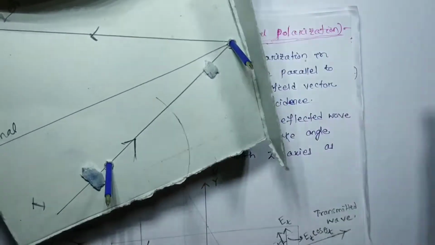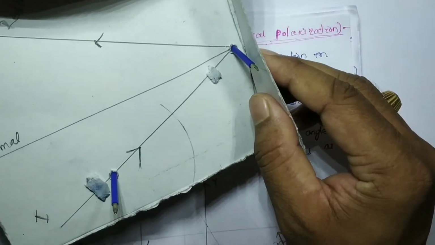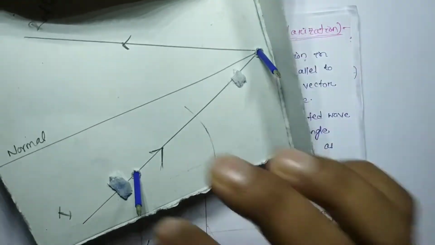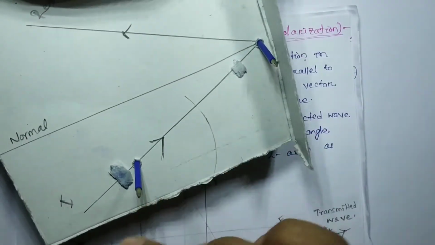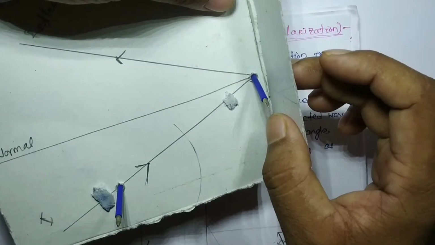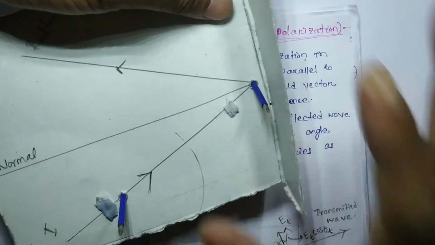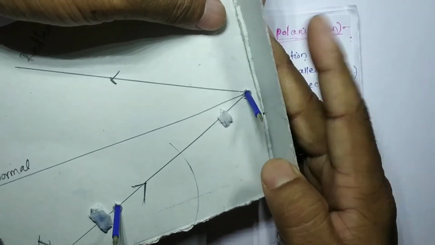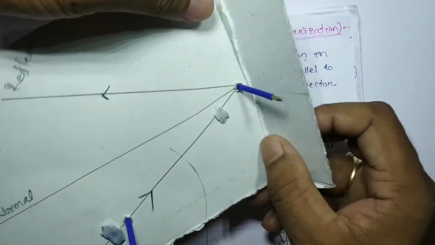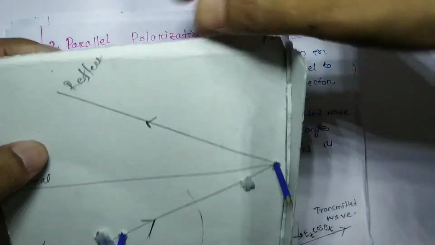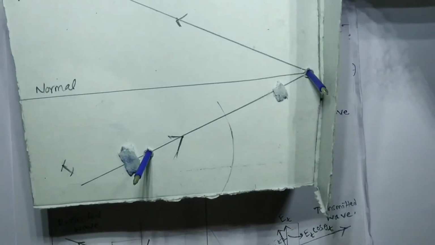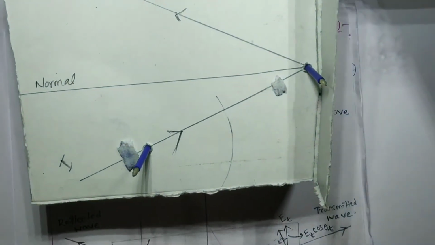So whatever component is moving towards the interface is itself tangential to the interface, and we can easily put the boundary condition that Ei plus Er equals Et.